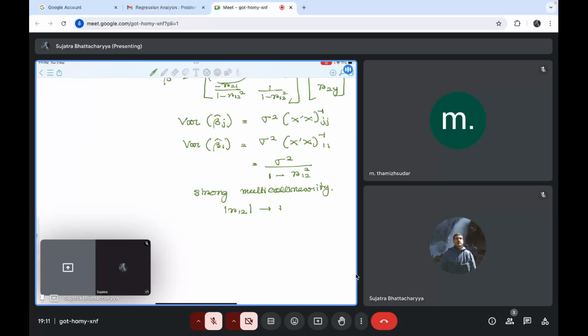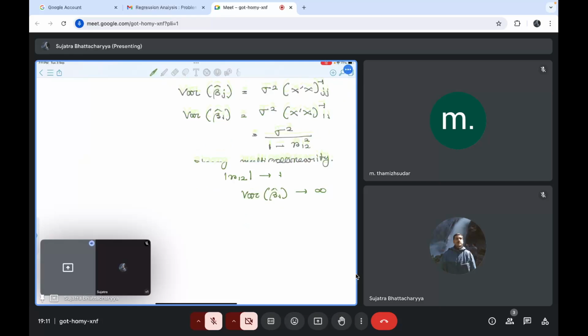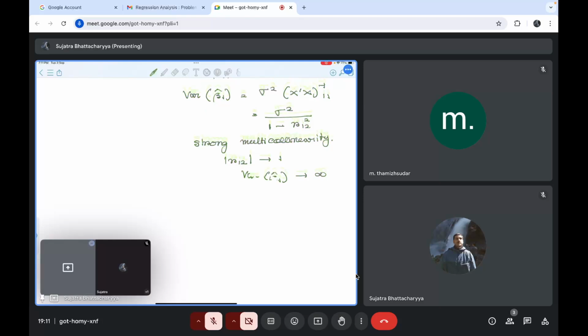So if it is tending to 1, R12 square will be tending to 1, then what will happen? The denominator becomes 0. Therefore, the variance of beta 1 hat or beta 2 hat, if you take, will tend to infinity. So this shows that there will be a large variance of the regression coefficients, beta 1 hat or beta 2 hat, you can take.